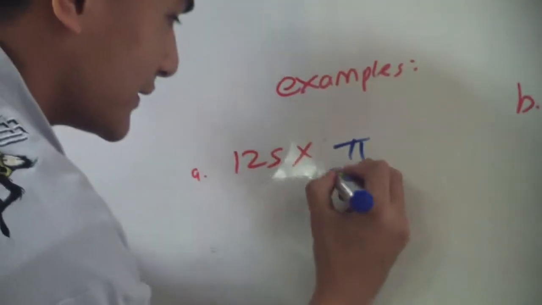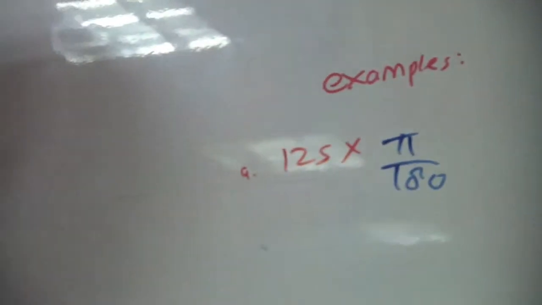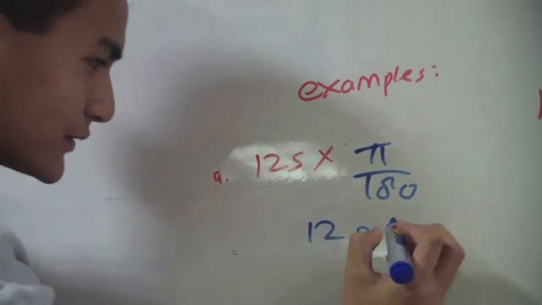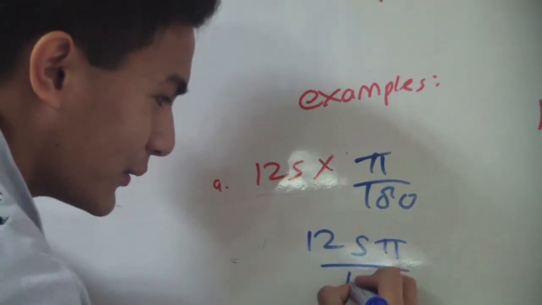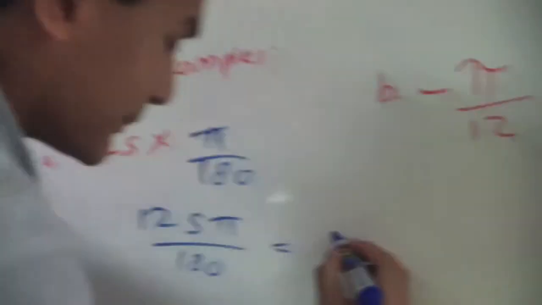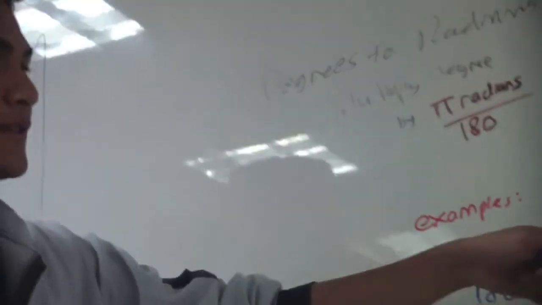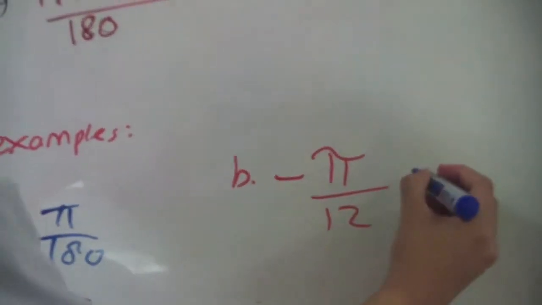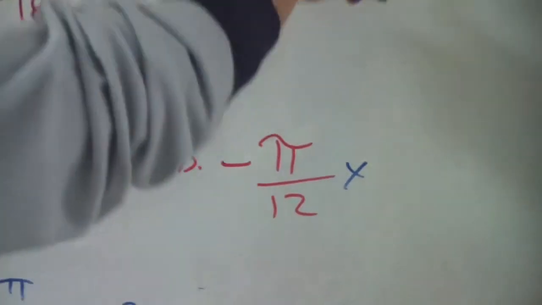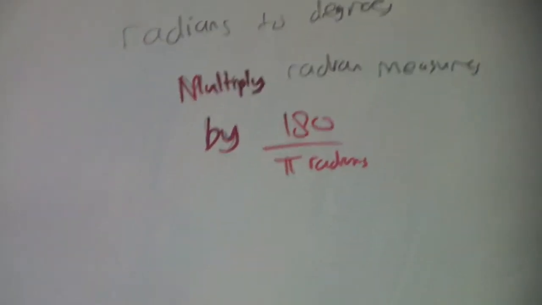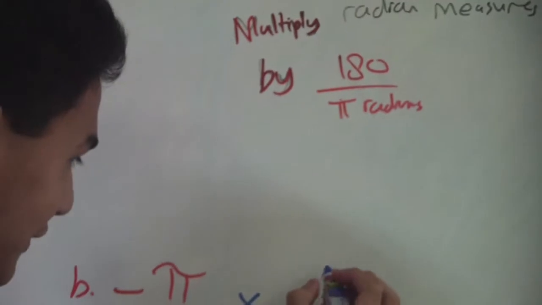So for these examples, 125 degrees times pi over 180. So you just have to do it, 125 pi over 180, and you just simplify it. It becomes 25 pi over 36. Same as this one. This one is from radian measures to degrees.